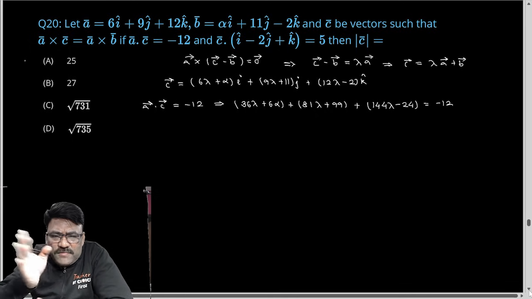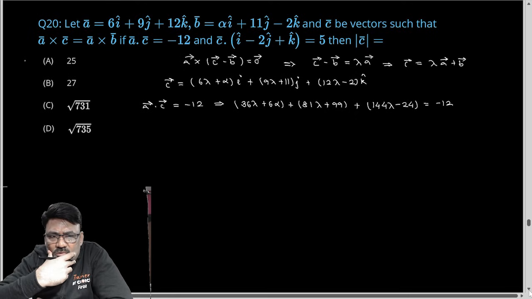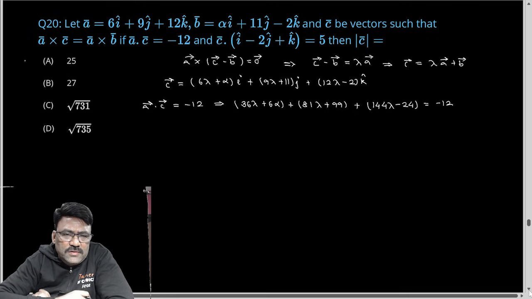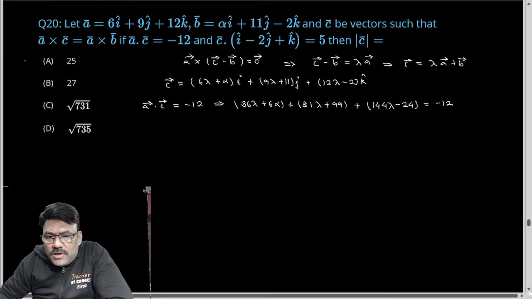In fact, I should have taken common, so then it would be easy, but I should not have multiplied. In fact, 3 can be taken common. Anyhow, you got a linear equation in lambda and alpha from here. Suppose it is equation 1.